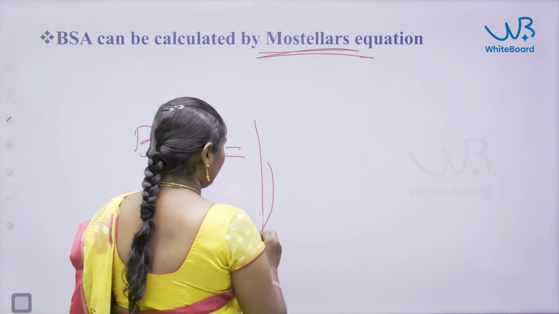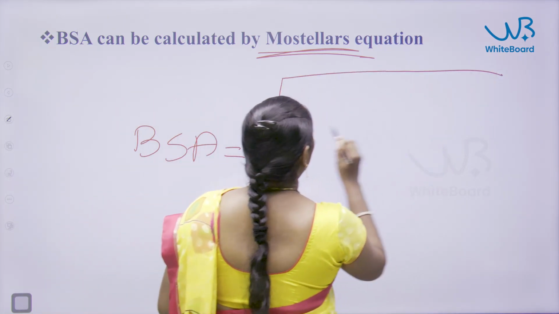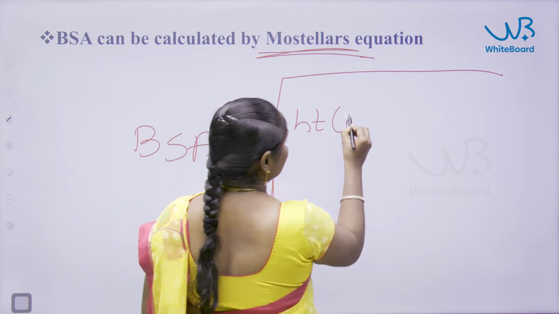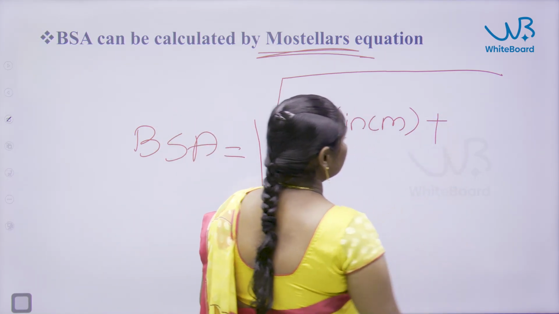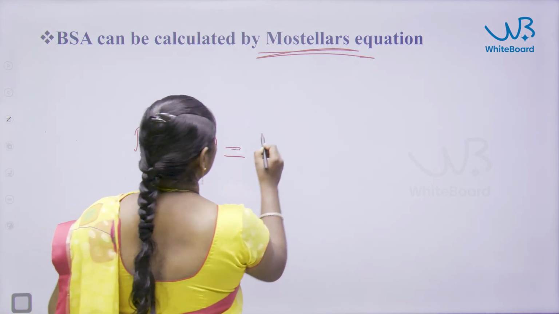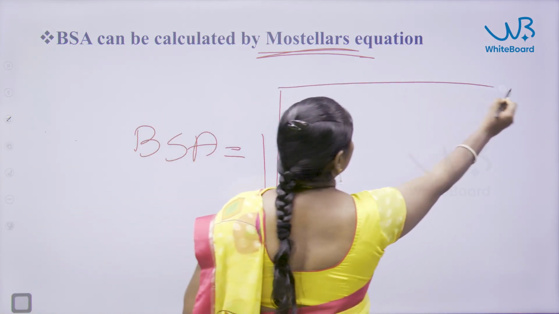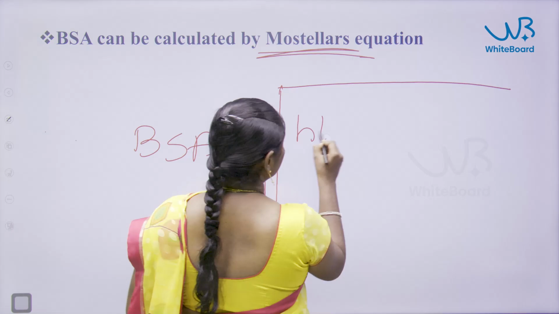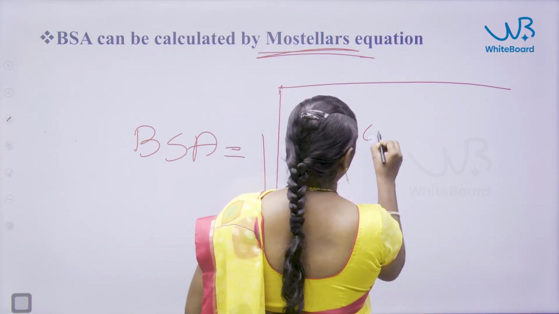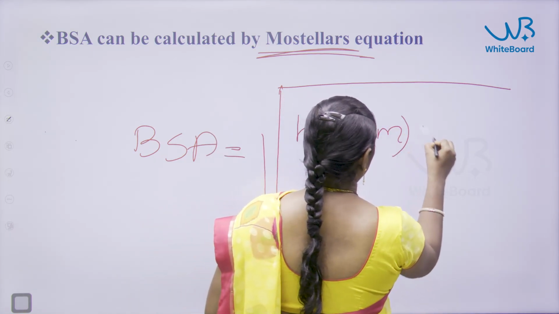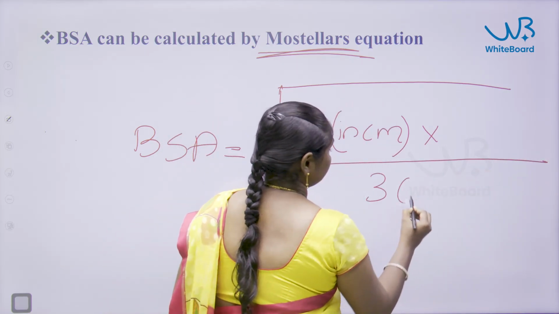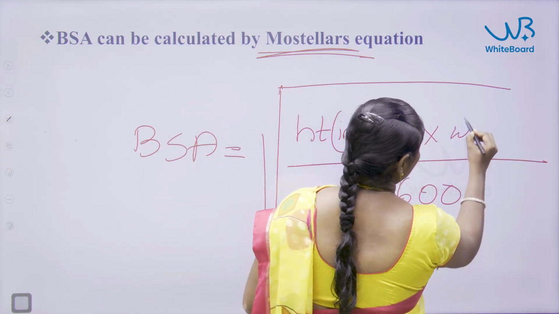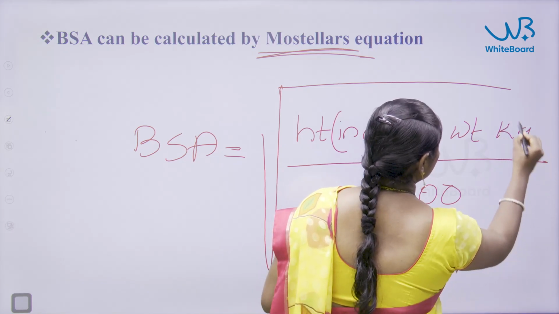We have one formula, that is the square root of height in centimeters into weight in kgs.